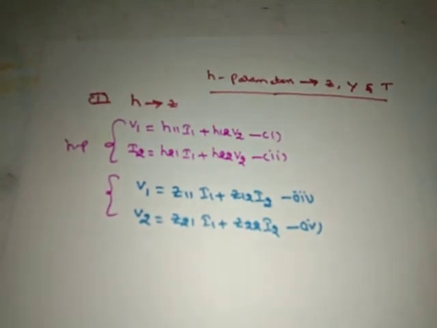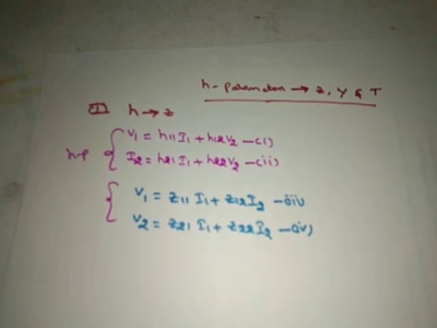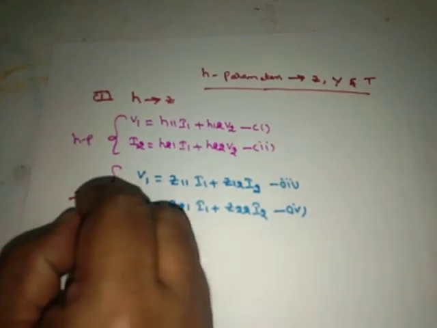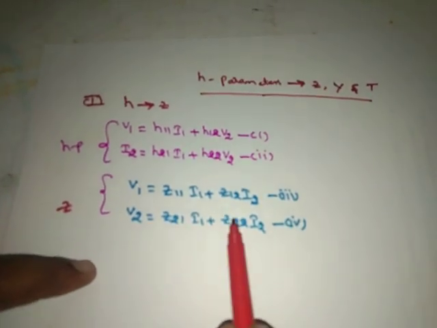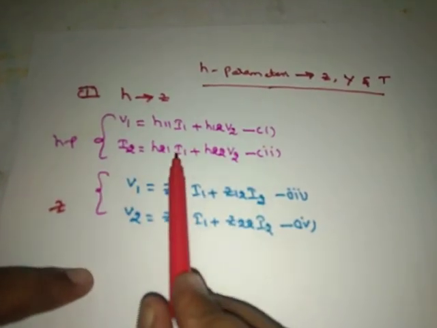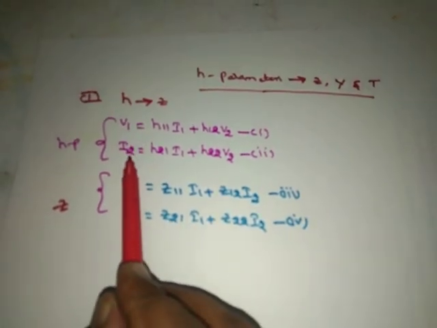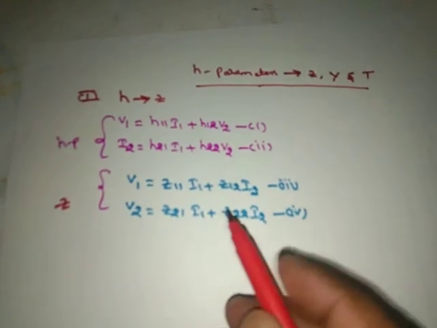Fourth. Now we have to express H parameters in terms of Z parameters. Express the Z parameter basic equations in the form of H parameters, where V1 and I2 are the dependent parameters.